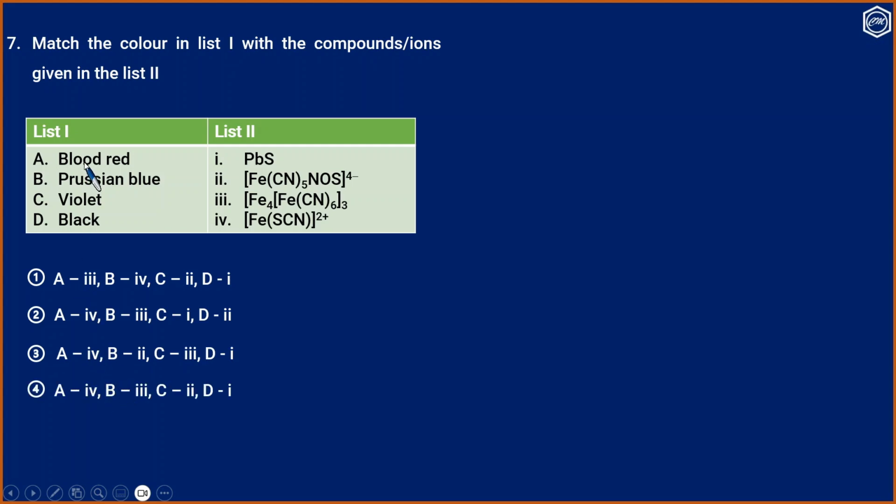And we know that the blood red color is due to the ferric thiocyanate. So A in list 1 matches with 4 in list 2.